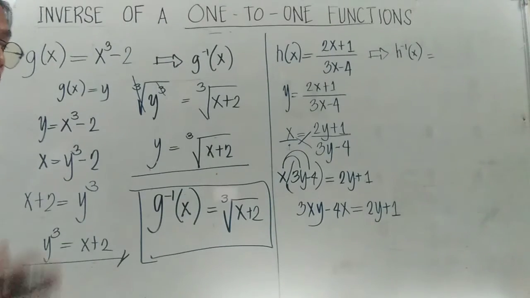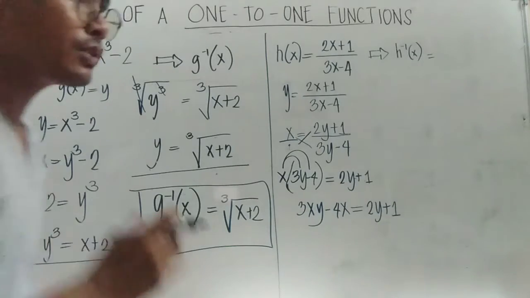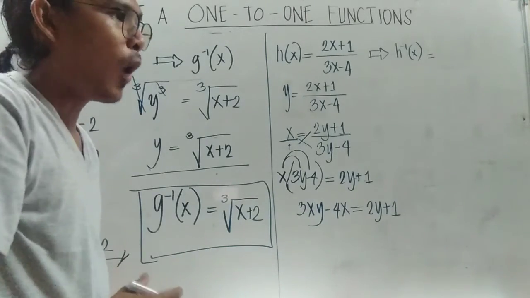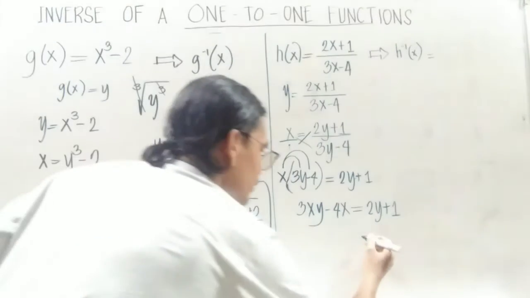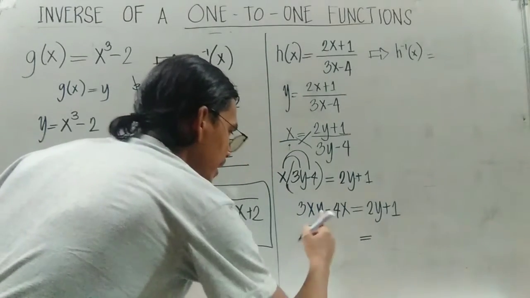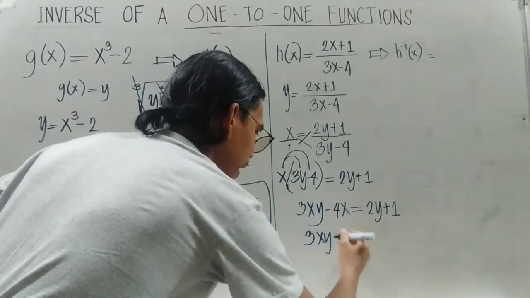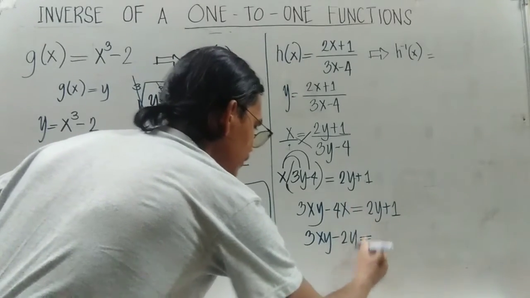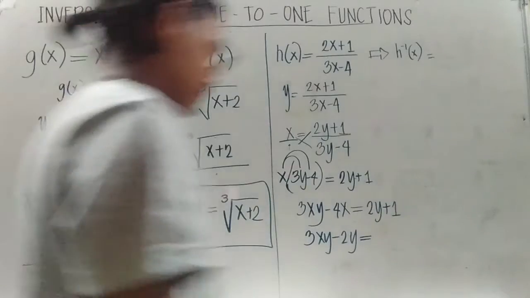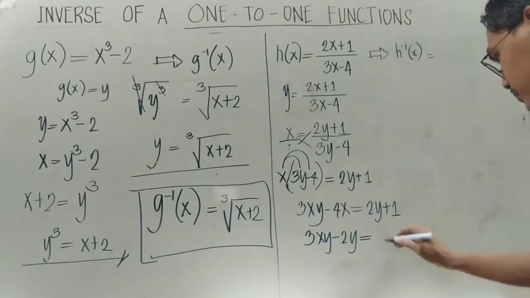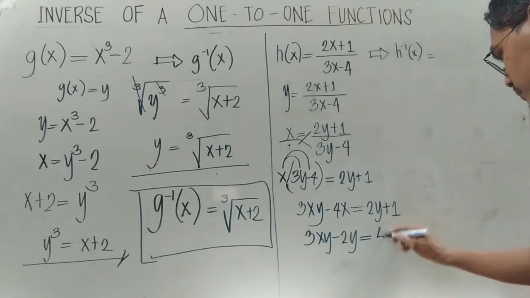Then combine like terms. Put all the terms with y on one side. Just like this. So we have 3xy minus y, minus 2y. Okay? Then we have plus 1 and 4x.